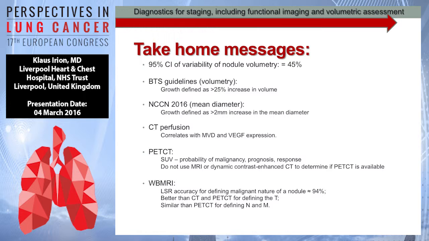So what should we take home today? Although the recommendations suggest that you should use volumetrics for assessment of pulmonary nodule growth, in our software we found that our confidence interval should be 45% of variability if you want only the 5% error that we use for most things in the literature.